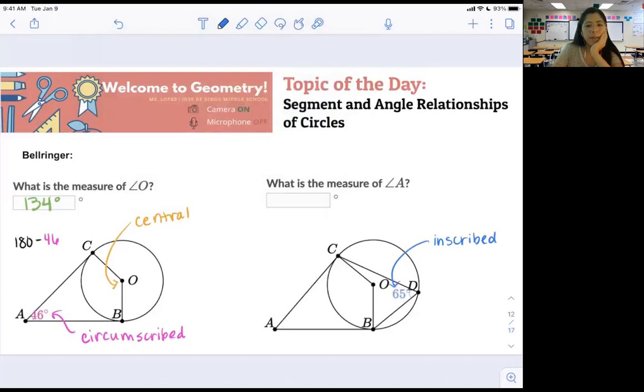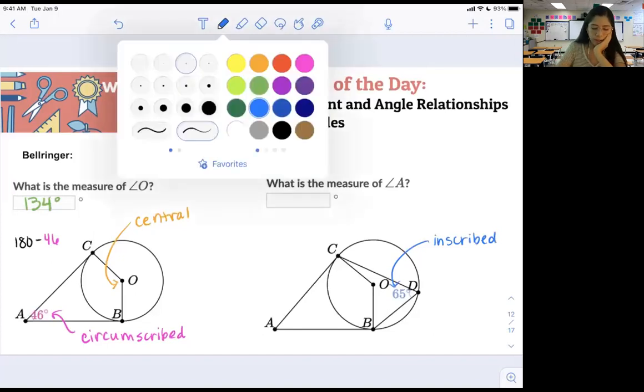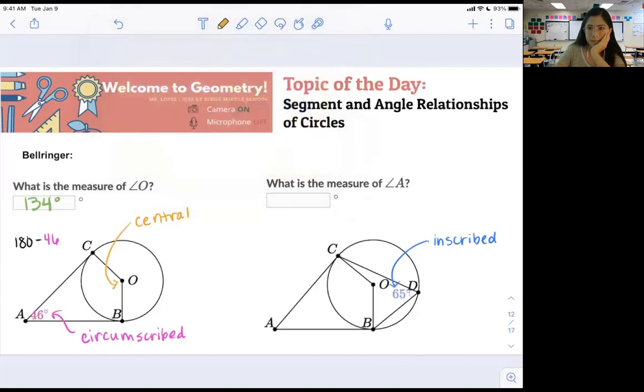To get there, we have to take a couple of different steps. What do I have to find first? The central angle, O. And what's the relationship between the inscribed angle and the central angle? Times 2. Good. So how much is angle O, the central angle? 65 plus 65 gives me 130.